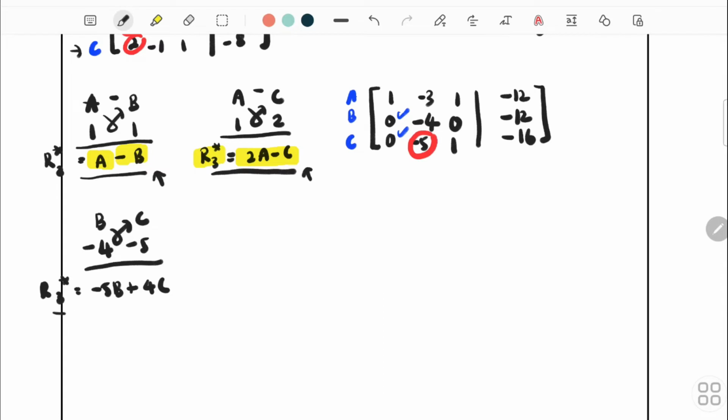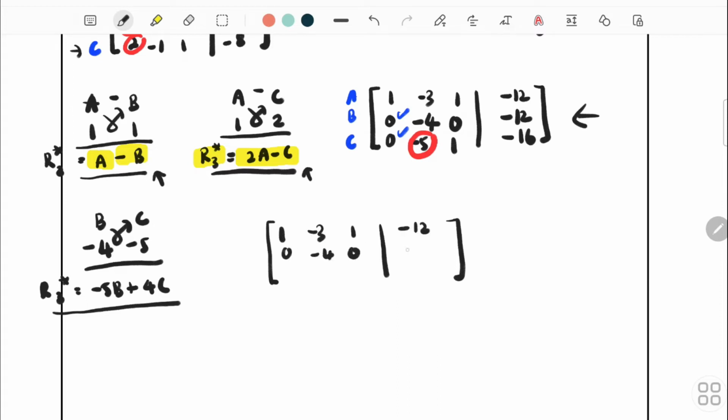R star means the new R3, the new row that we are looking for. Then you have to calculate it. We are only changing the third row, so the first and second rows stay the same. You just copy down the elements from the previous part.